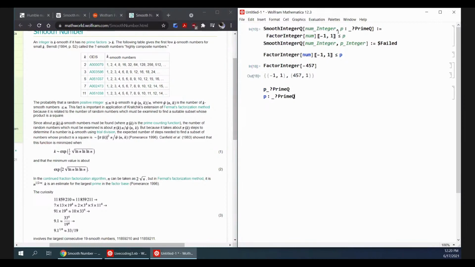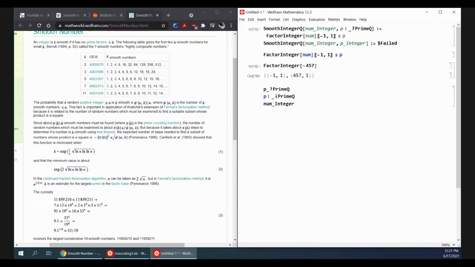I think the confusion comes from things like this, where this is saying some pattern named num, which has head integer, and head is different than a test. So this prime q isn't a head, it's a test of whether a number is a prime or not. Integer doesn't test whether a number is a prime or not. It is an integer, like 7 has head integer, it's atomic.